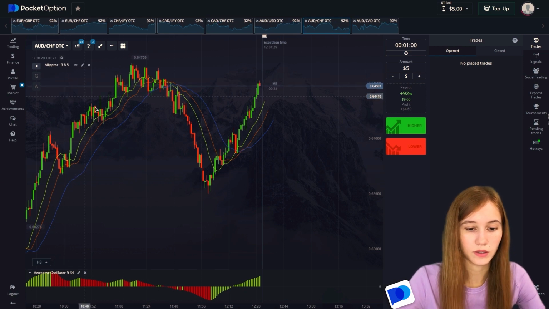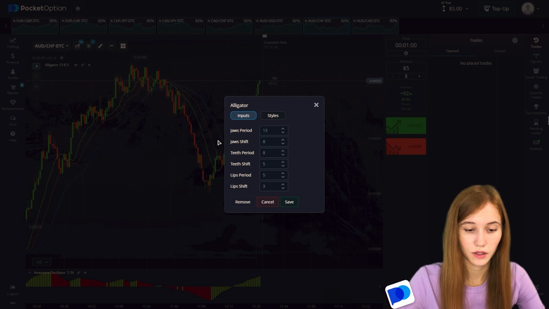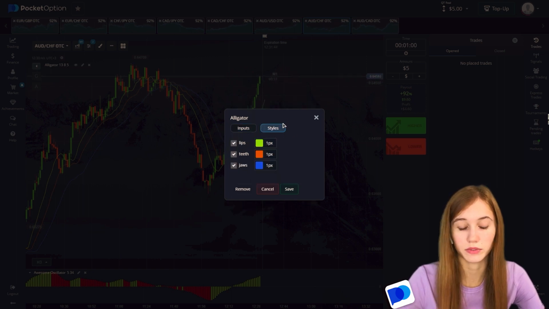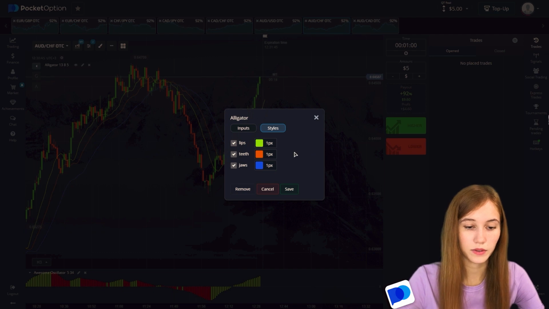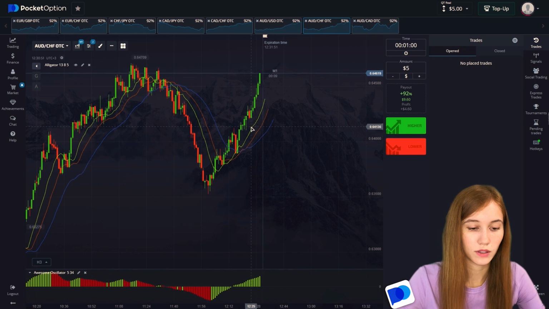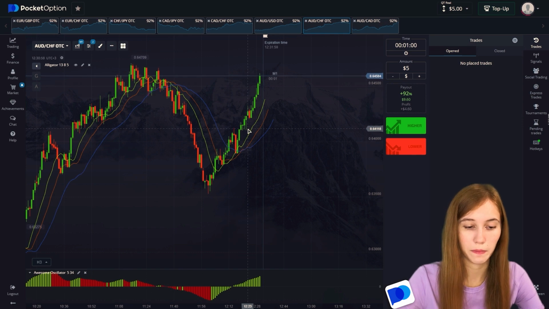The first one is the alligator, located on our chart. Its parameter values are here, but the standard settings are suitable for most time frames. Also, don't be afraid to play with the values. The alligator reflects the state of the market at each moment in time.